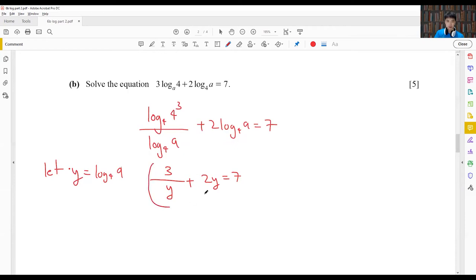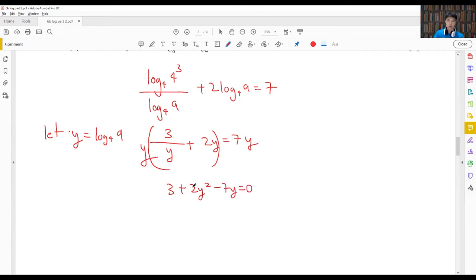You're going to end up with 3 plus 2y squared, and bring the 7y over, minus 7y equals 0. Now we have our quadratic equation. 2y squared minus 7y plus 3 equals 0.